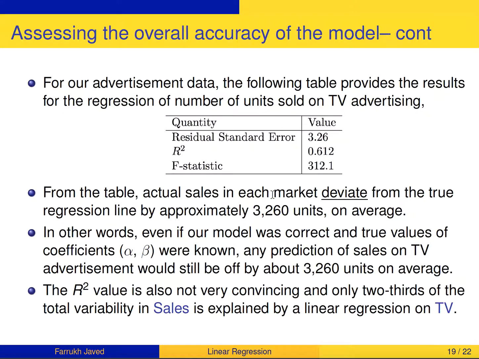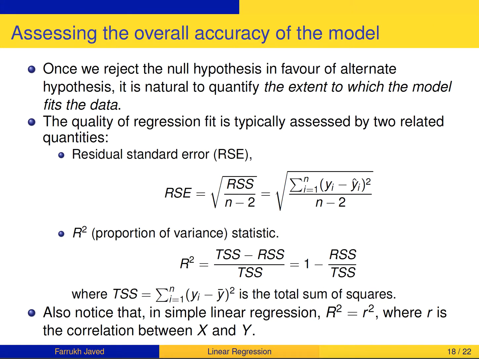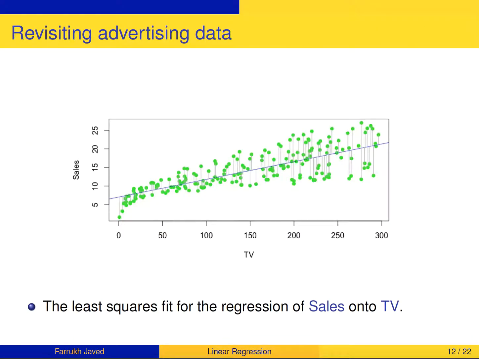From the table, actual sales in each market deviate from the true regression line by approximately that many units on average, right? You see this number? So this number tells us how many units are going to deviate from the regression line. Now let's come back to the fitting graph over here.